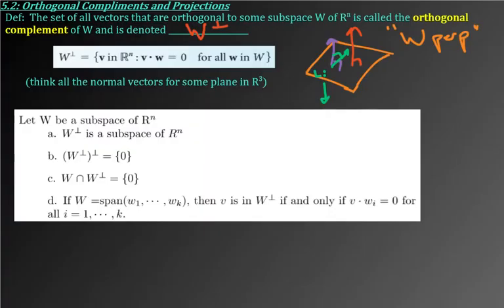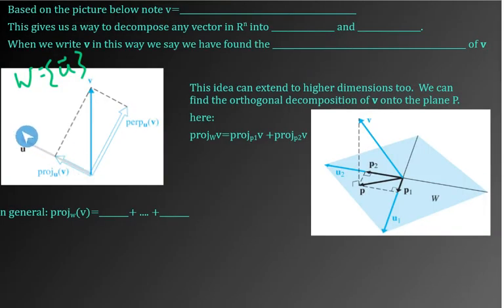Here it was a plane, but now I'm saying the space W is just one vector. So this would be a vector in W perp, okay? And this can be thought of as something in W, right?